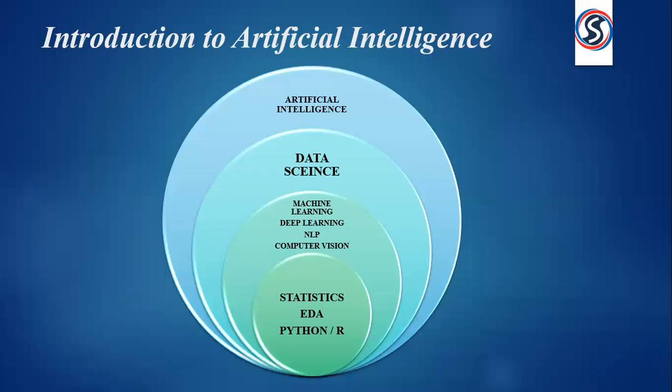So artificial intelligence is the ability of a computer program to learn and to think. The term was coined by John McCarthy in the 1950s, and he said that every aspect of learning or any other feature of intelligence can, in principle, be so precisely described that a machine can be made to simulate it.